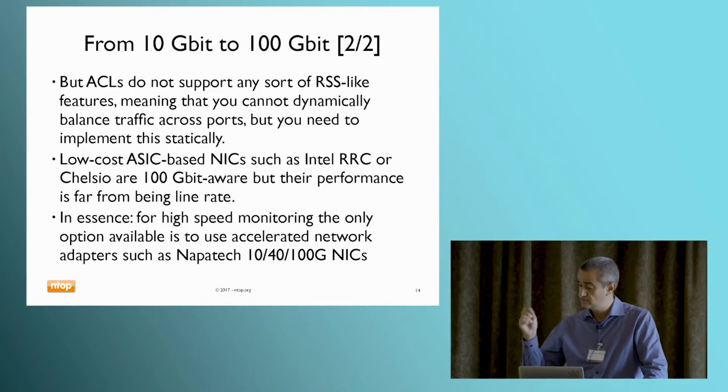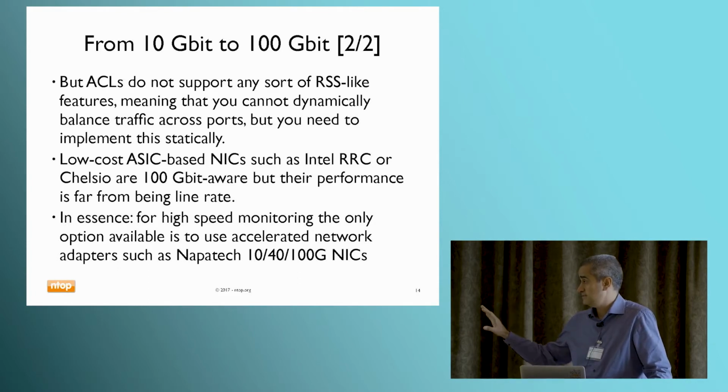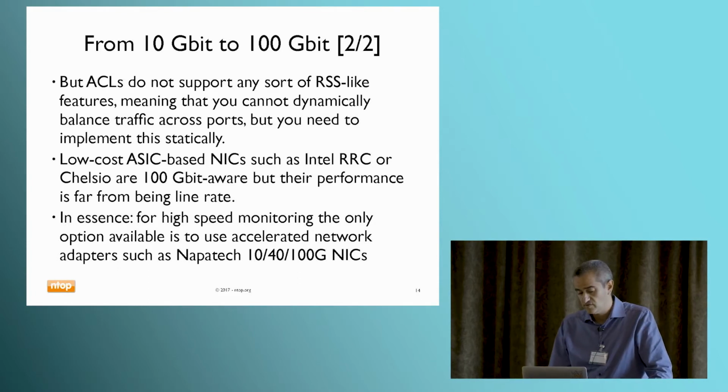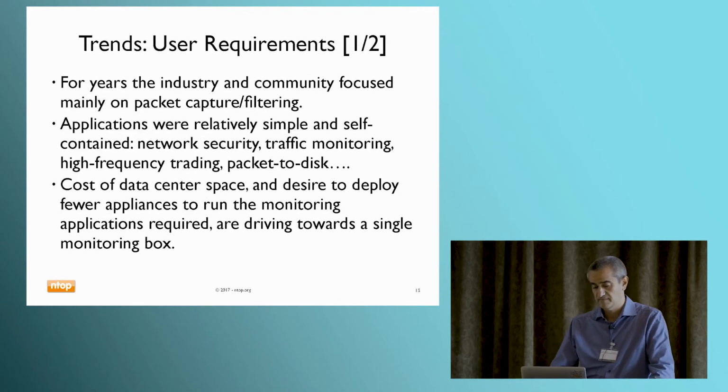I'm not talking about the 100 gigabit link that you plug on the server and then you see only 20 gigabit of traffic. I'm talking about the line rate here. So the only solution here is to use an FPGA, a solution such as the one we have found with Napatech, because there are no other solutions available on the market.